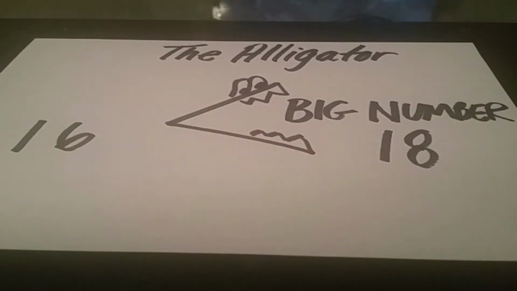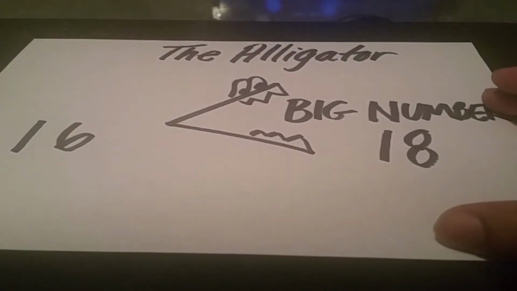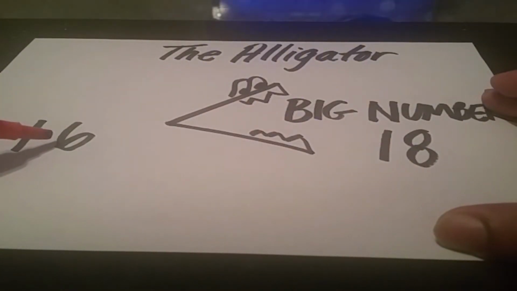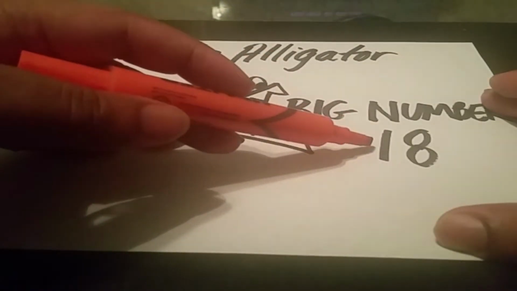Always remember the alligator. We know that the alligator is very hungry, and the alligator only wants to eat the bigger meal. So if the alligator has a choice, he's going to eat the bigger meal. And just based off the eye test, we automatically know that 16 is less than 18.